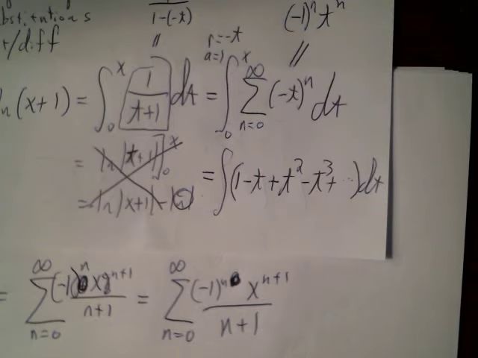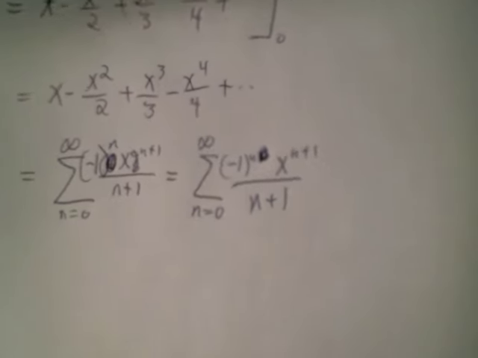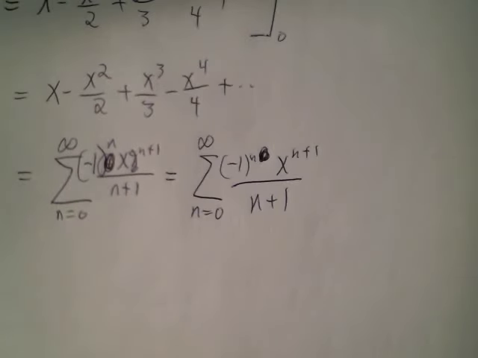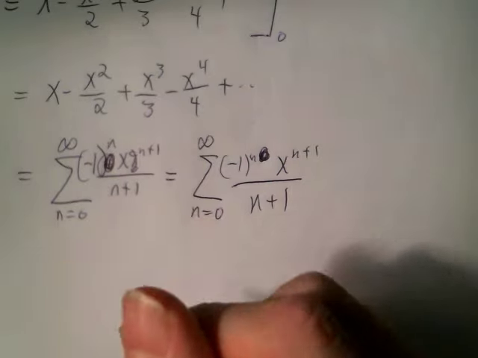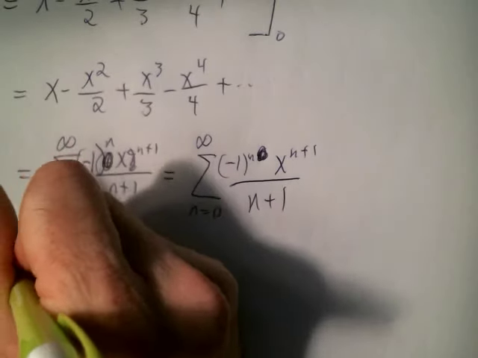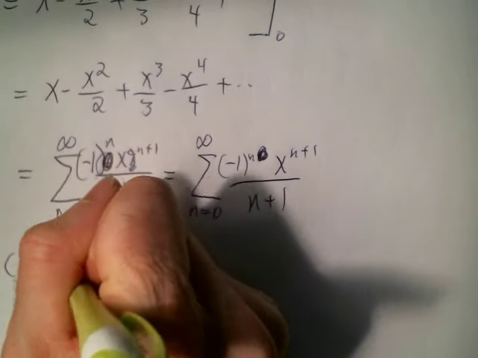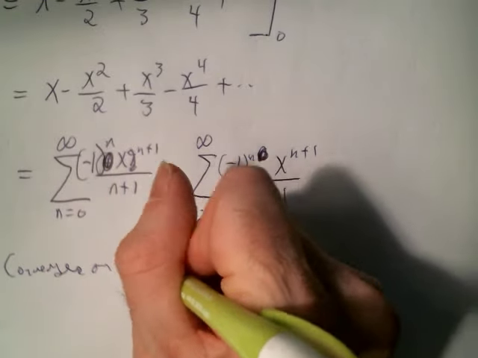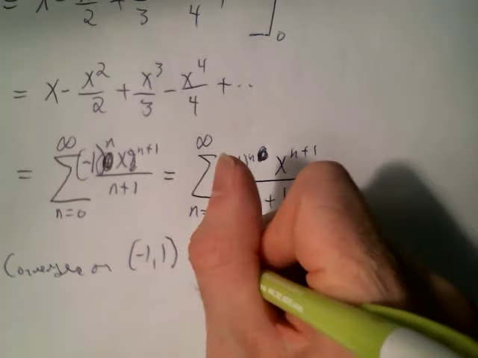All right. So when you integrate, this will have the same interval of convergence as the geometric series, but you integrated it, so now you do have to check the endpoints. In particular, it converges on the interval from negative 1 to 1, absolutely.